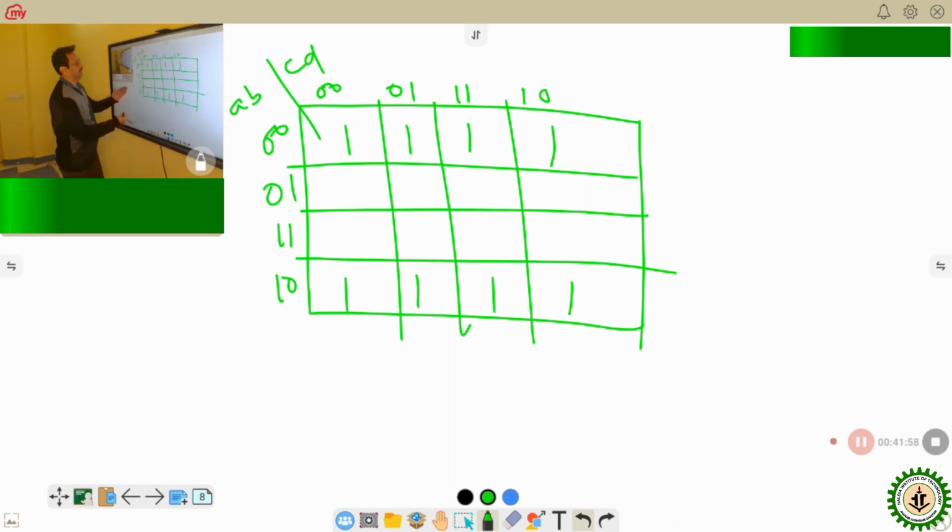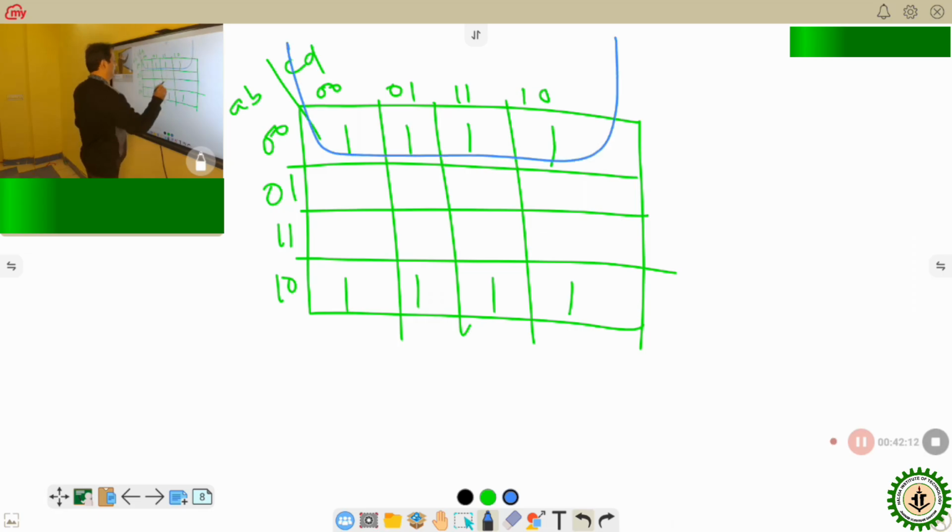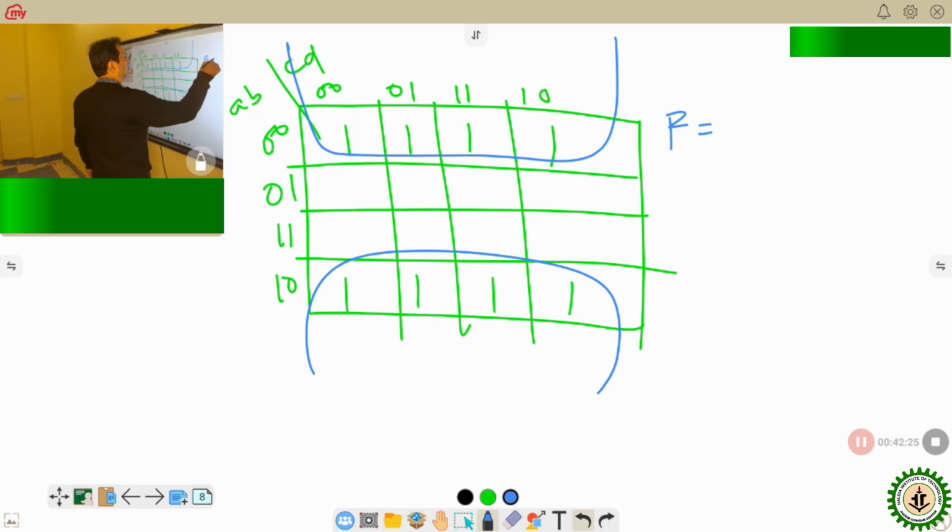Yes, if I fold this one, this and this will be adjacent. So we can make a group of these, because if I fold this one, these consecutive ones will be in an adjacent group. So F is equal to what?